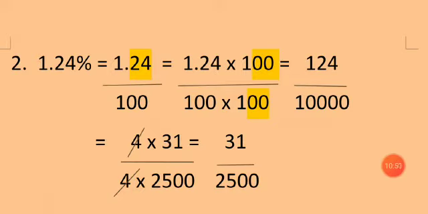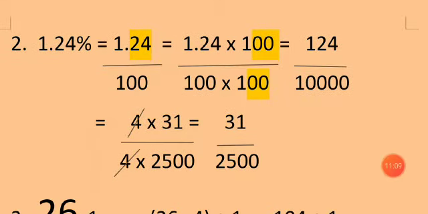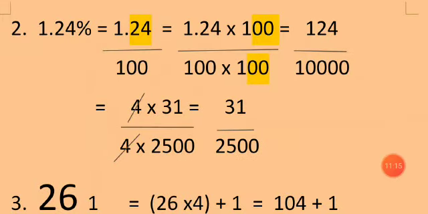So, to bring 1.24 to a whole number, I have to multiply both the numerator and the denominator by 100. 100 having 2 zeros, 1.24 having 2 decimal places. That is how it works. So I have 1.24 times 100 over 100 times 100.